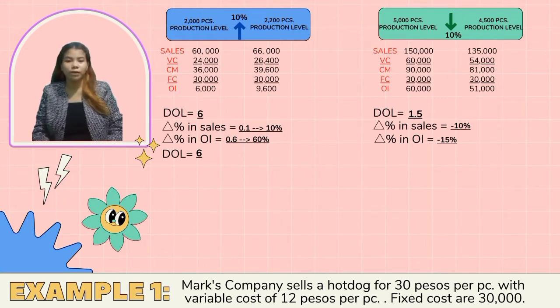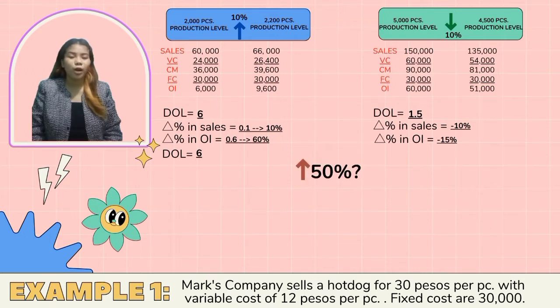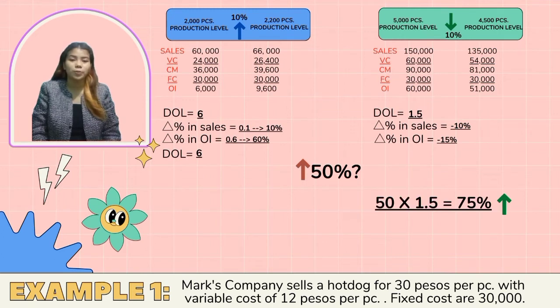Whether we are increasing by a certain percentage or decreasing, it doesn't matter because we could always use the degree of operating leverage. If someone asks you what if the sales go up by 50%, what's the operating income? So for this production level, we would take the 50% multiplied by 1.5, and that would give you 75%.